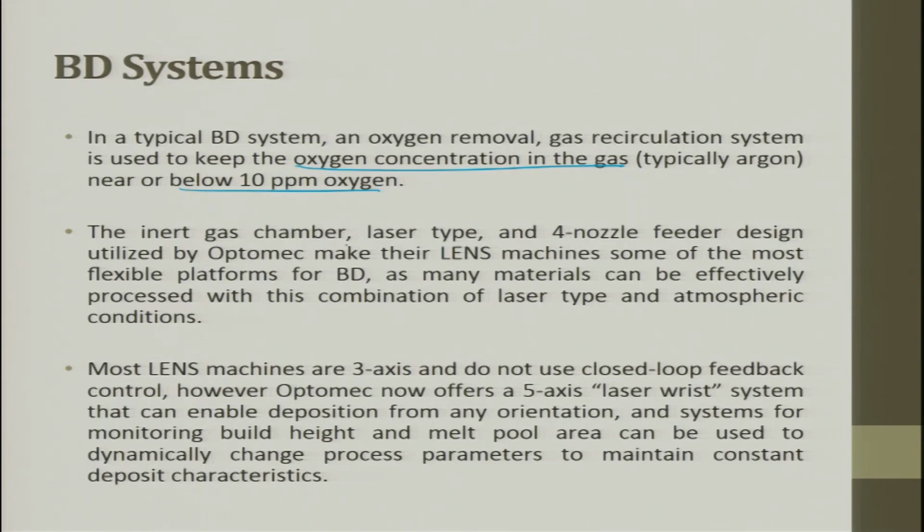The inert gas chamber, the laser type 4 nozzle feeding design utilized by Optomec makes the LENS machine. LENS is expanded as laser engineered net shaping, or near net shaping. People also call it near net shaping or net shaping.